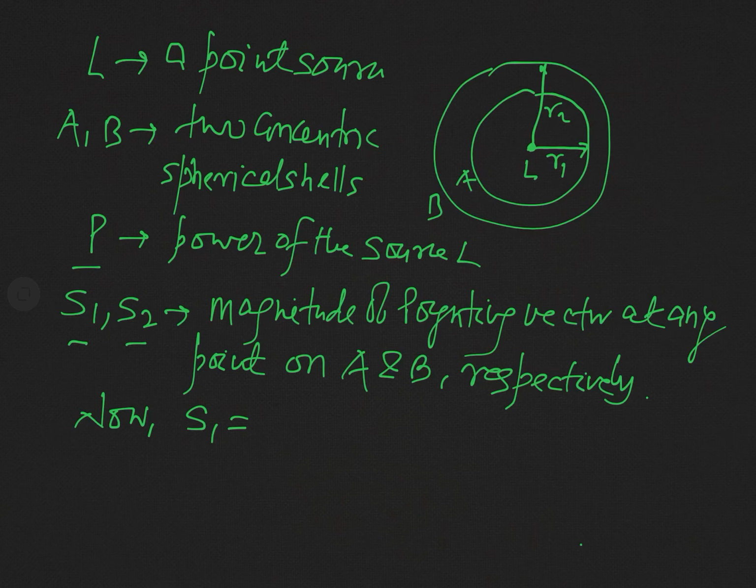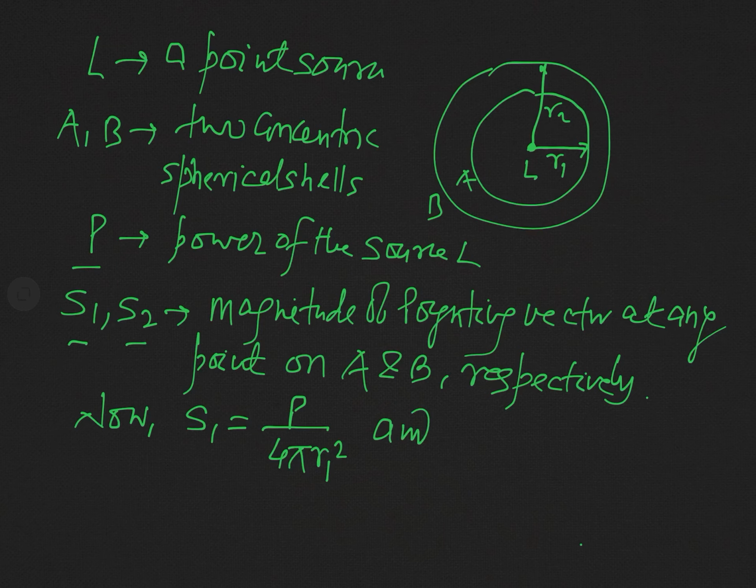The surface area of A will be 4 pi r1 square. So the magnitude of Poynting vector at any point on the surface of spherical shell A will be simply power P divided by the area of the surface A, and that will be P over 4 pi r1 square.